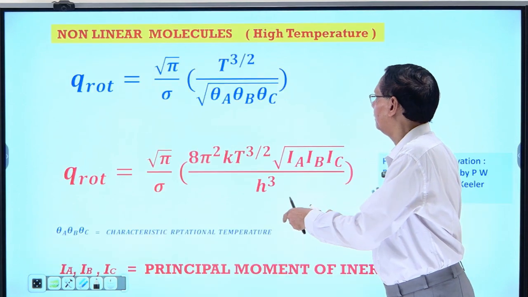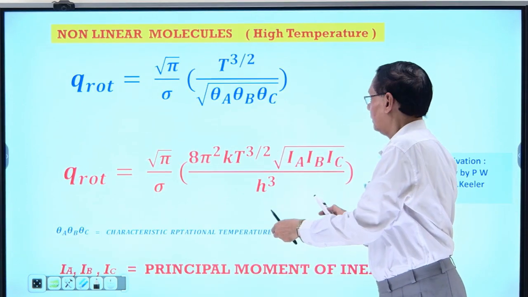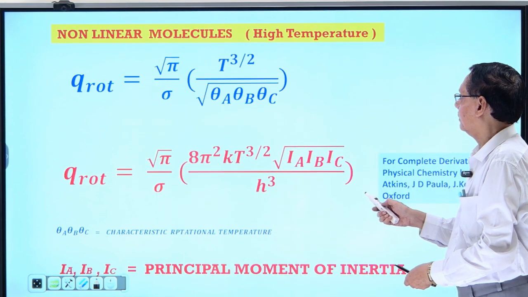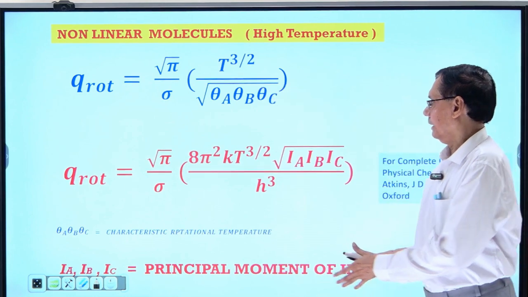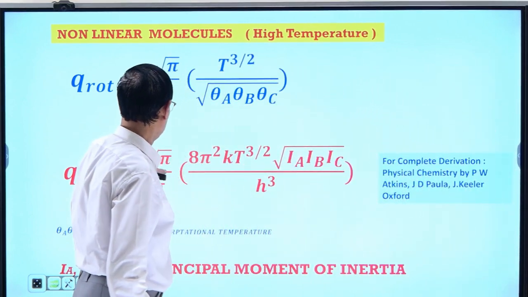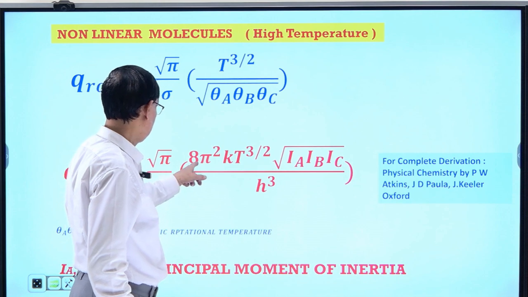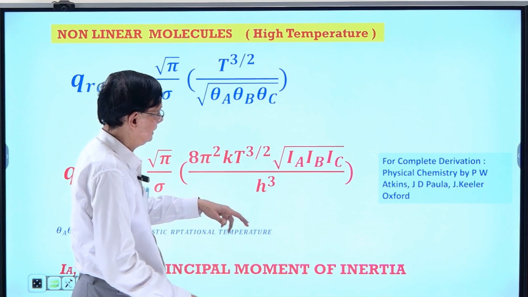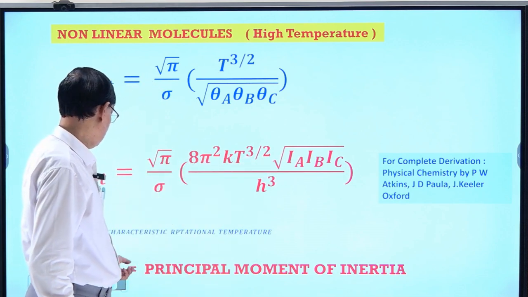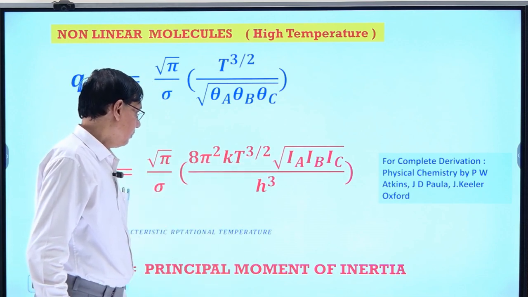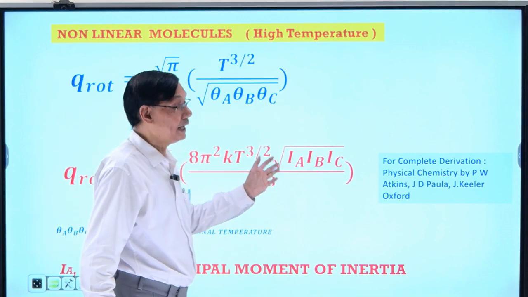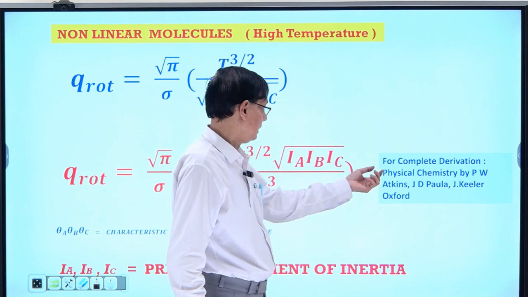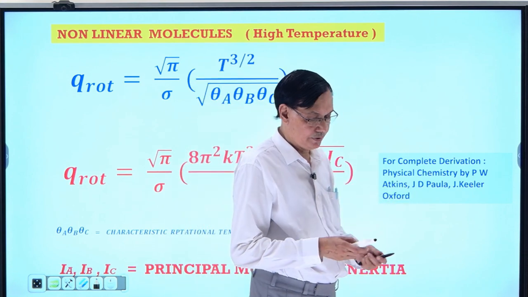If I multiply these three together, I will get this type of formula, with the square root of pi, symmetry number, and 8 pi square I kT to the power 3 by 2 for each case. And this IA, IB, IC is called the principal moments of inertia. Students who want the complete derivation for non-linear molecules at high temperature can refer to the physical chemistry book by Atkins.